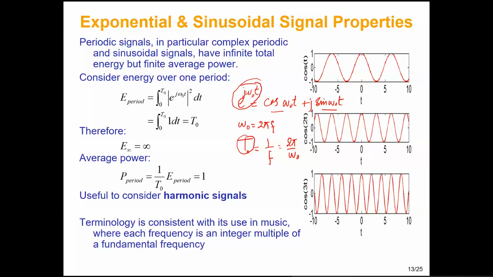Okay, now we covered two things, which were energy and average energy or power. If you want to find your energy, we can find the energy in one time period for this complex exponent. It is a periodic thing, so the energy in one period will be from 0 to T naught. Time period is T naught.